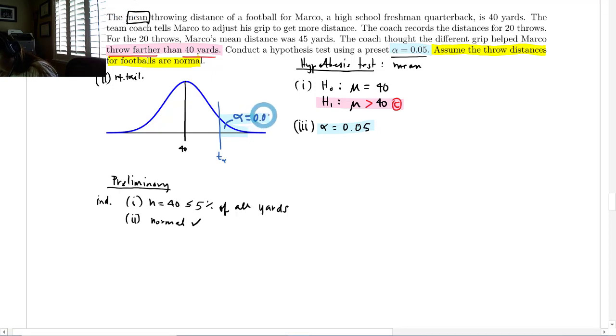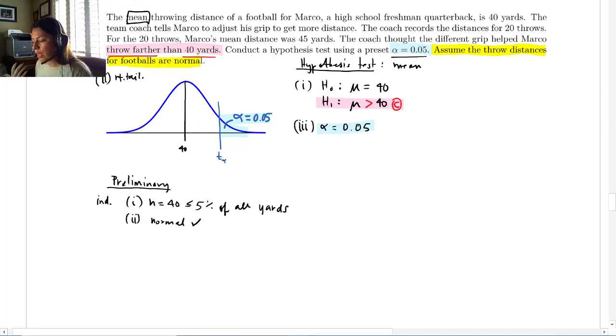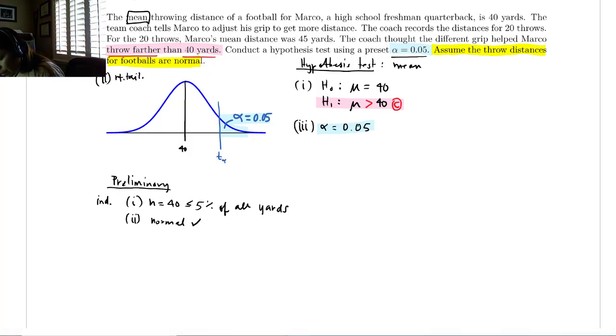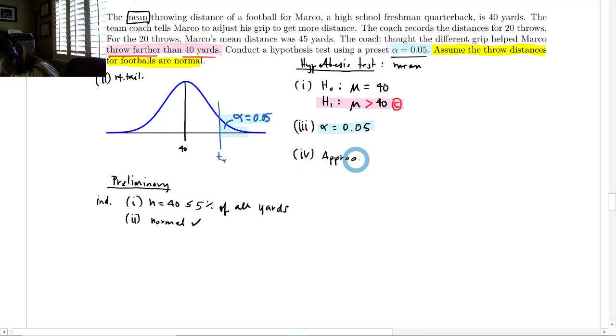So in the p-value approach, this p-value would have to be smaller than 5% in order to reject the null and have enough evidence for Marco's claim. Then step 4 is the approach. In this particular case, we'll just stick to p-value, and in the next example I'll do all 3 cases.